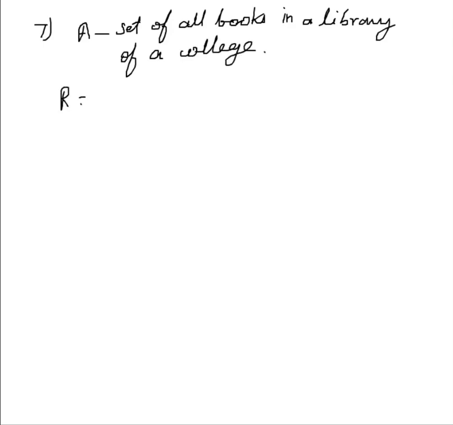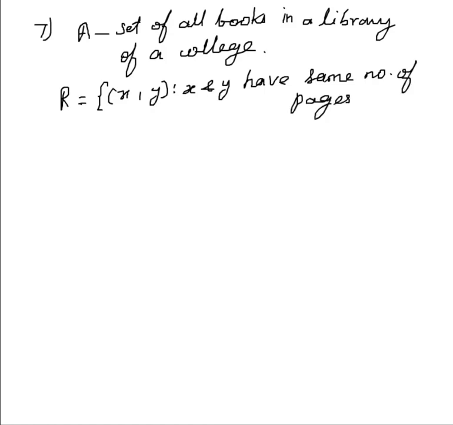The relation R is defined as the set of all (x, y) such that x and y have the same number of pages. We have to show that it is an equivalence relation. Equivalence relation means it should be reflexive, symmetric as well as transitive.